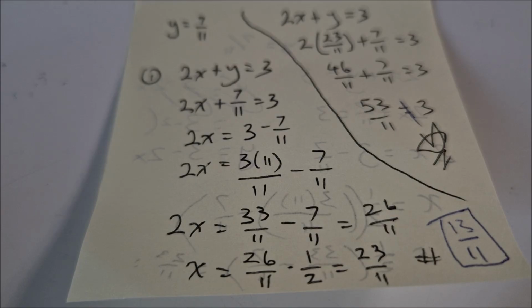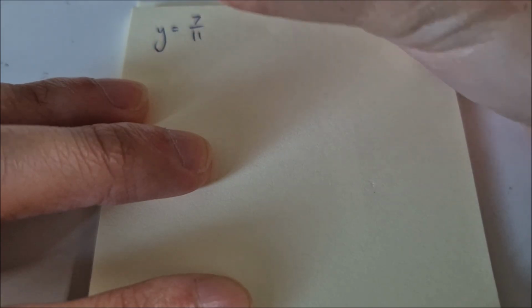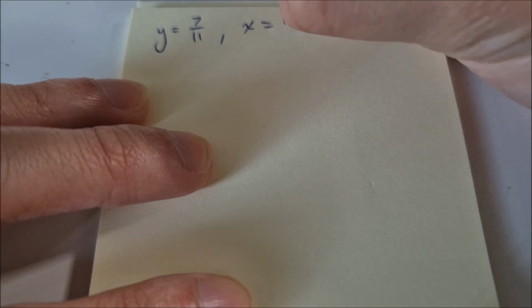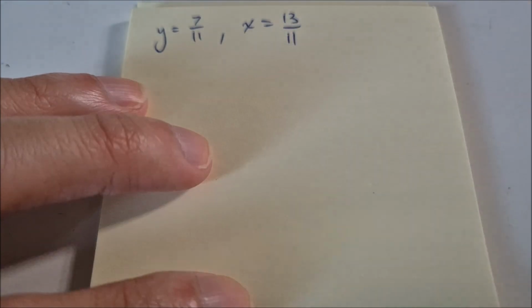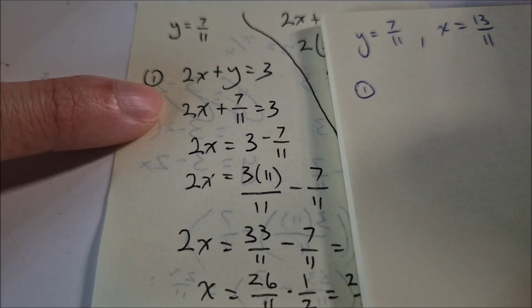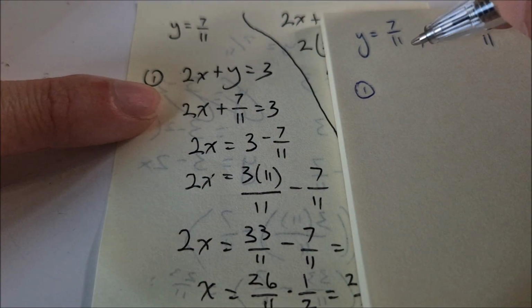Alright, let's continue on. Y equals 7 over 11 and x equaling 13 over 11. And we are substituting back into equation 1, which was 2x plus y equals 3.